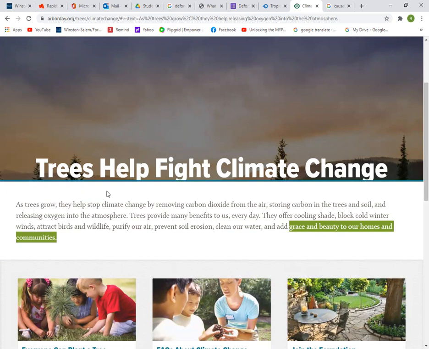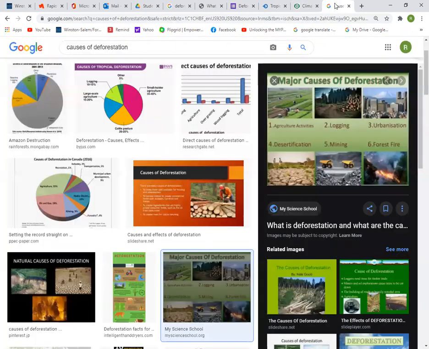Anyone? We can protect the trees by applying or putting into life the 3 R's: reduce, reuse, recycle. If we do not consume too much, then they don't have to cut as many trees as they do. So always try to reduce consumption. Okay. What are the major causes?